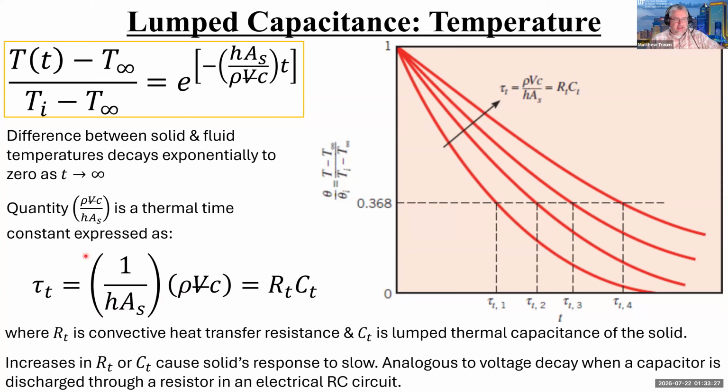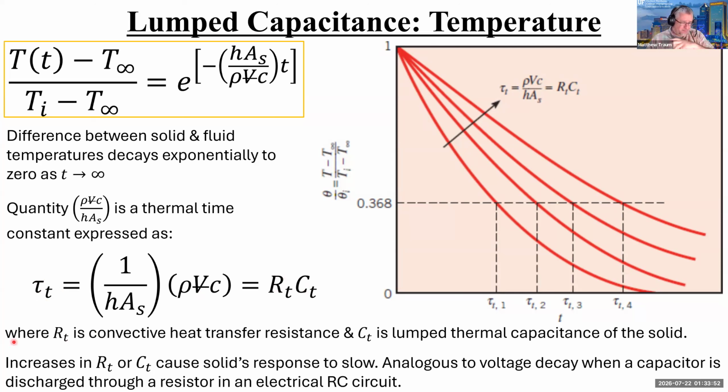Recognize this, it's 1 over hA. That looks like a resistance, right? And then rho Vc, yep, looks like a capacitance. And so we can actually write this exponent both as this kind of time constant, but also as the product of a resistance times a capacitance.